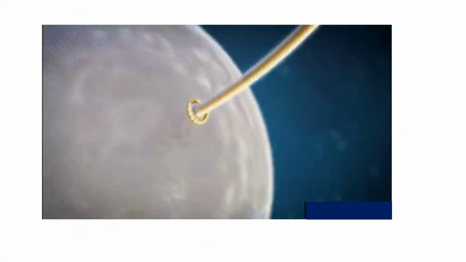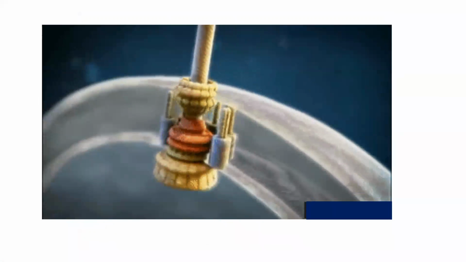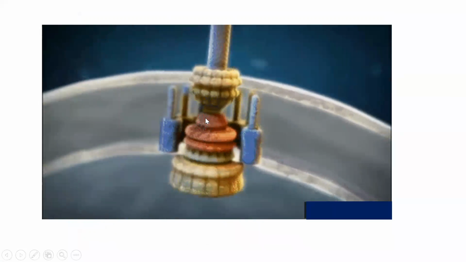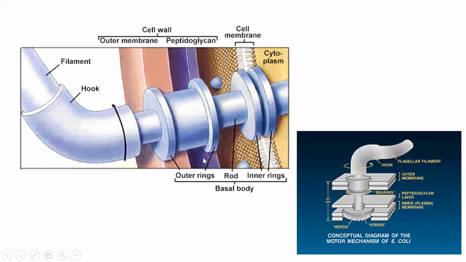Now here we can see how the flagellum moves, and the flagellum remains embedded in the cell wall and cell membrane. Here we can see the entire structure. So this is the filament of the flagellum which actually moves.